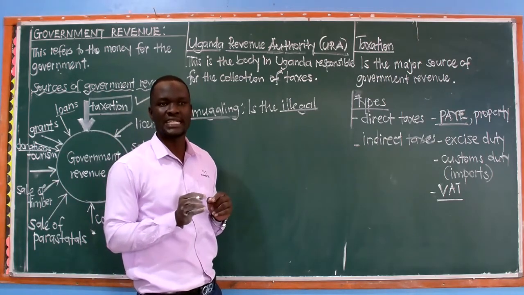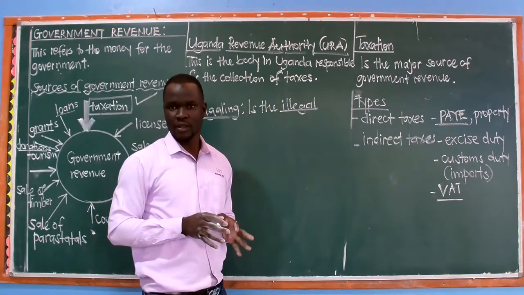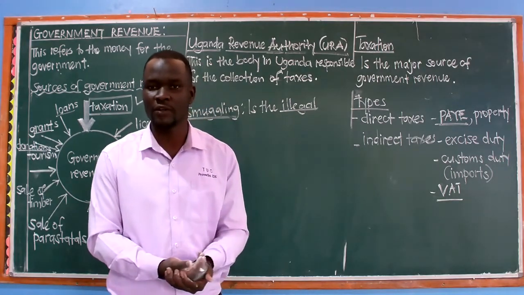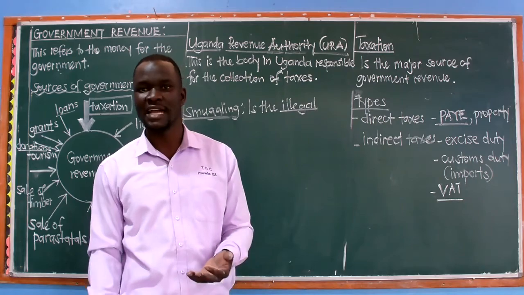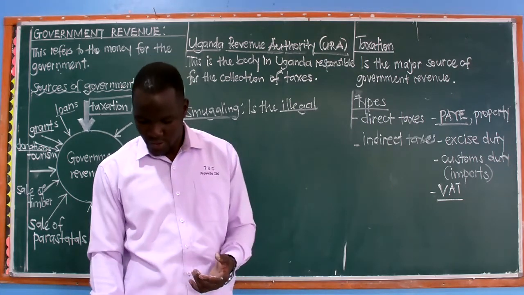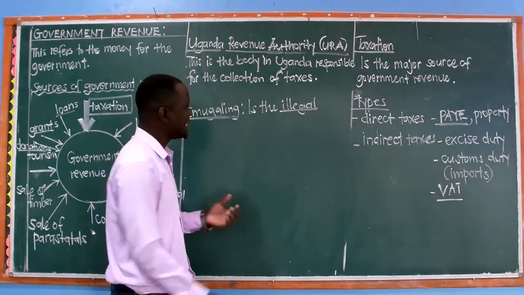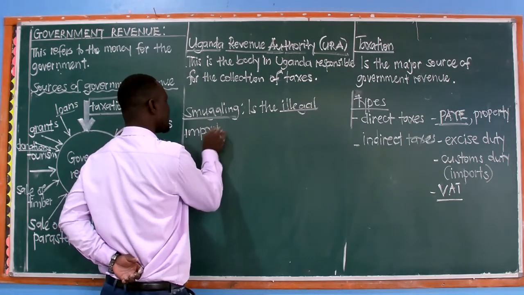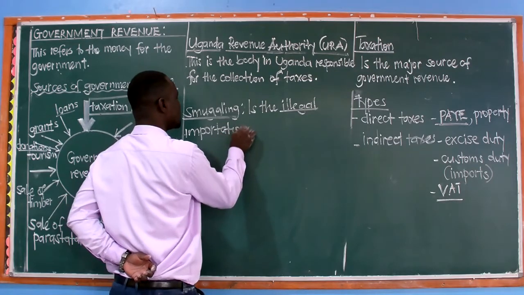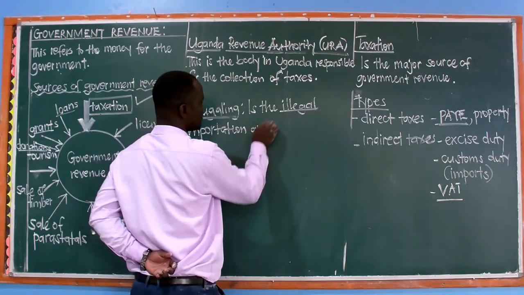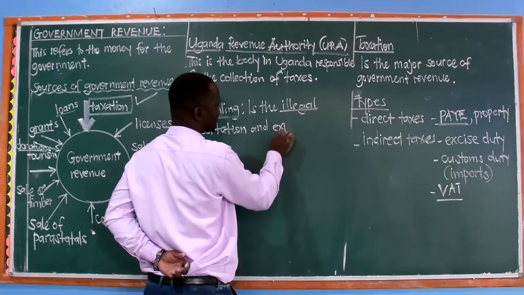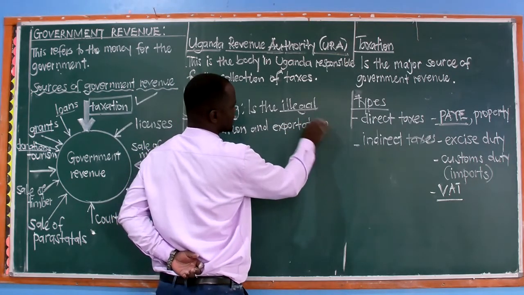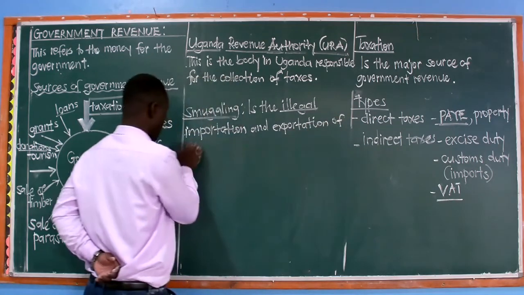You are doing it, but if they get you, that will be a criminal offense. That is now what we call, in other words, like theft. So that is what we call smuggling. The illegal importation, or we can say exportation, of goods.